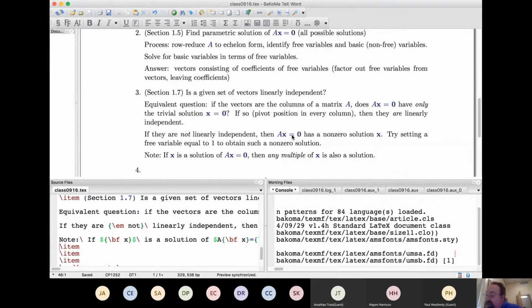Then you go ahead and find such a solution by setting a free variable equal to something non-zero. But what MyLab could do, and they did do this in the homework, is specify one of the unknowns for you, and then you have to solve for the other one. So that's something to keep in mind.